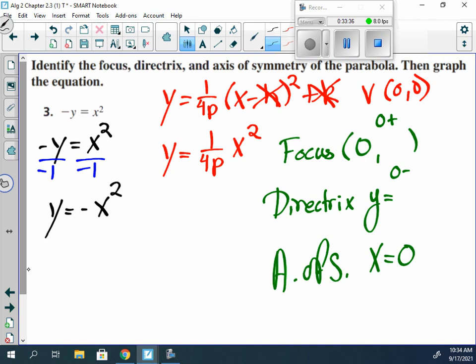So in this one here, what is our 1 over 4p equal to? What's in its place? Because there is a number in front of there, it's just not written, it is negative 1.